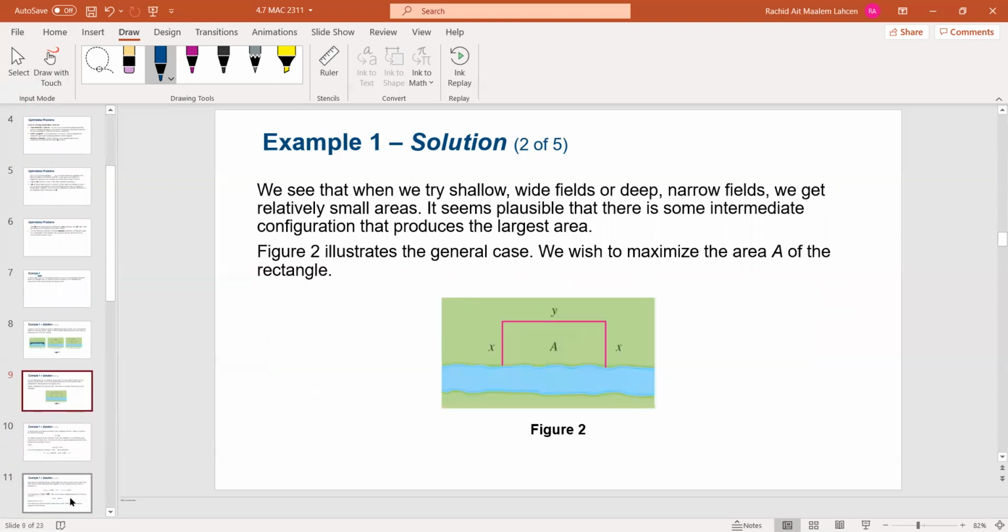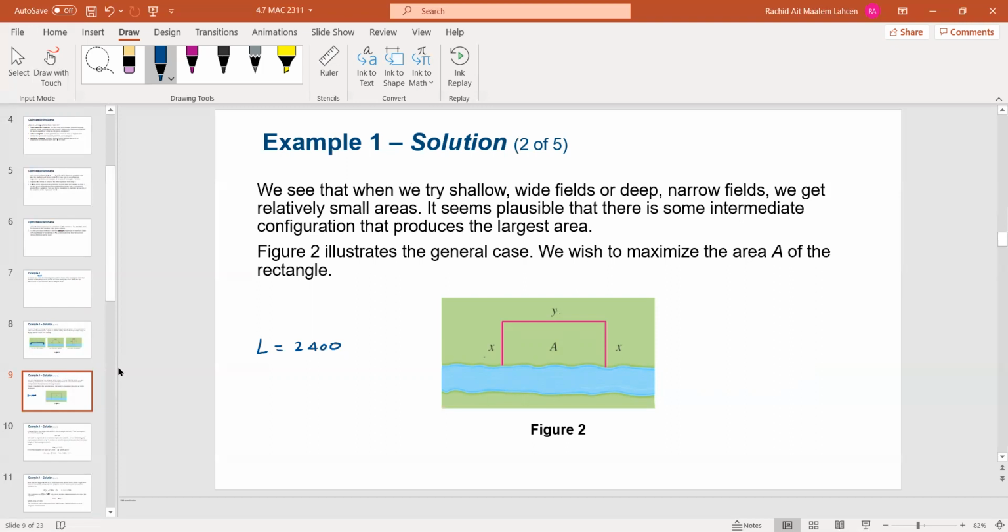The way to do that is, of course, it's a rectangle. So we have the sides x, the width, and the length here is called y, and the area is going to be A. We're still thinking about the fence length being 2,400. The issue with having x and y is that those are two different variables.